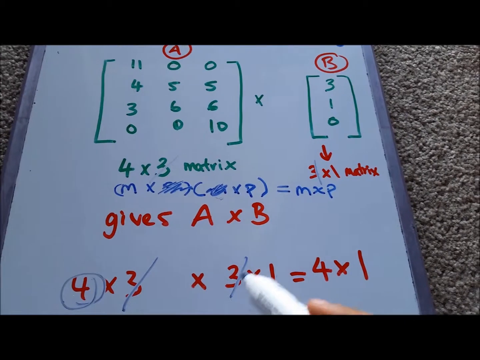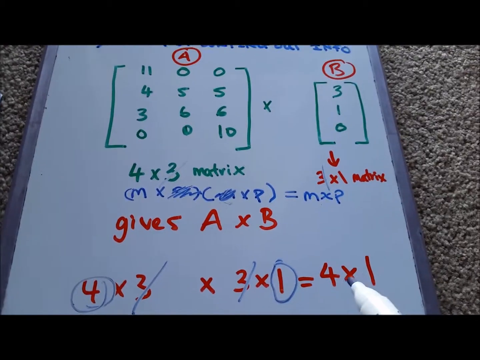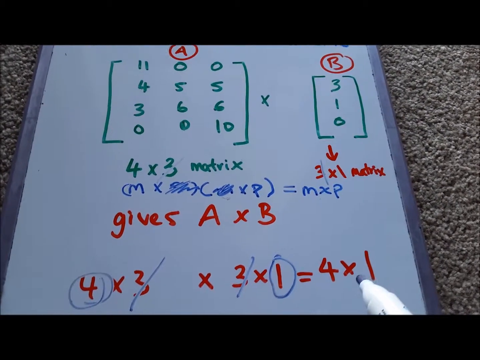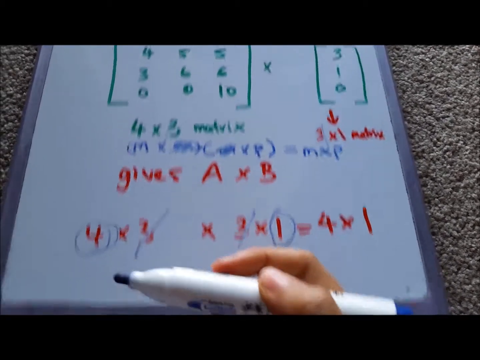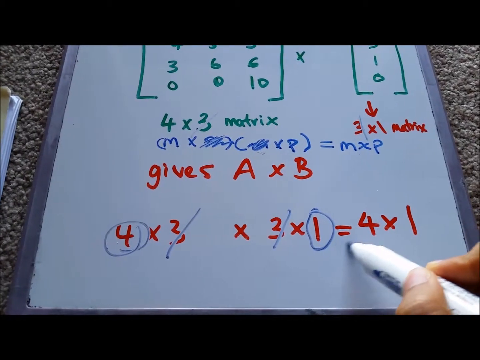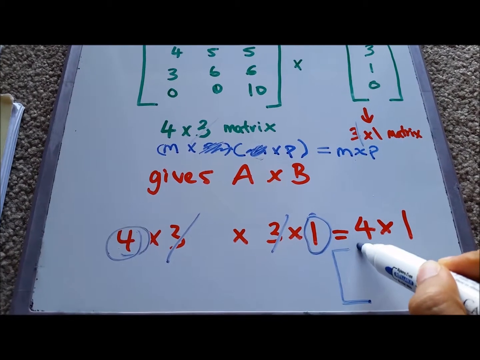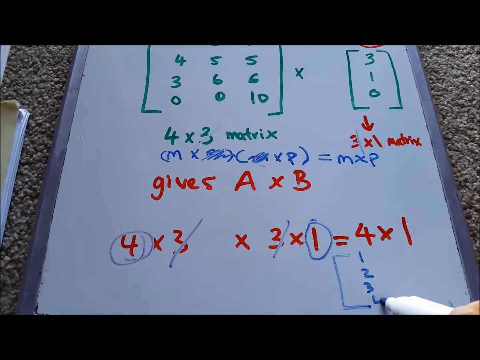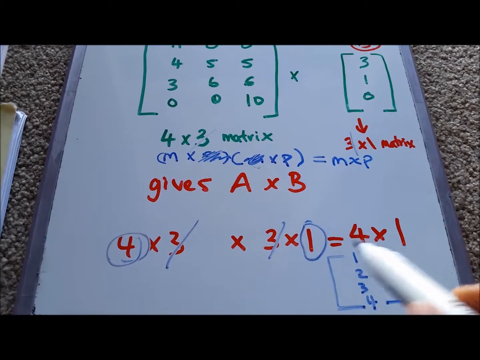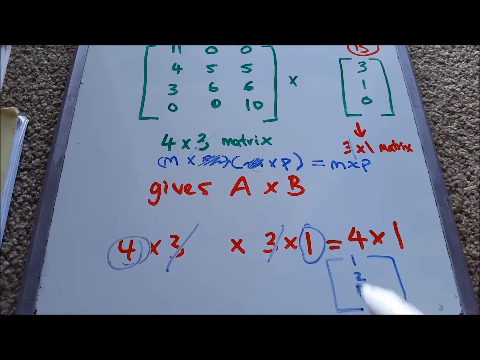Here's our 4, and here's our 1. That's the matrix that you're going to have. It's only 1 across and 4 down.